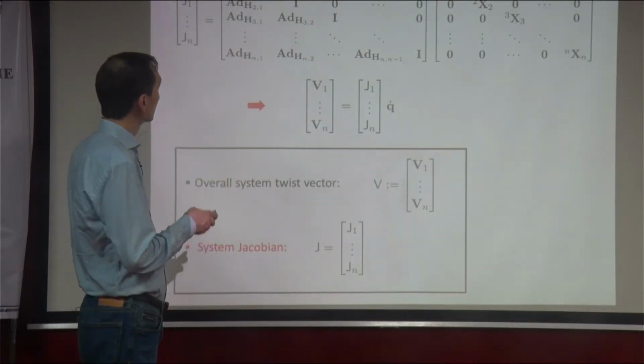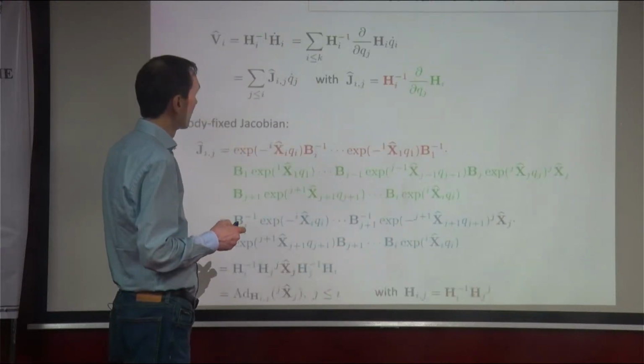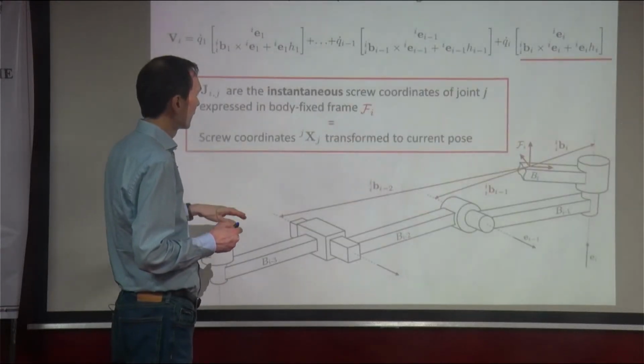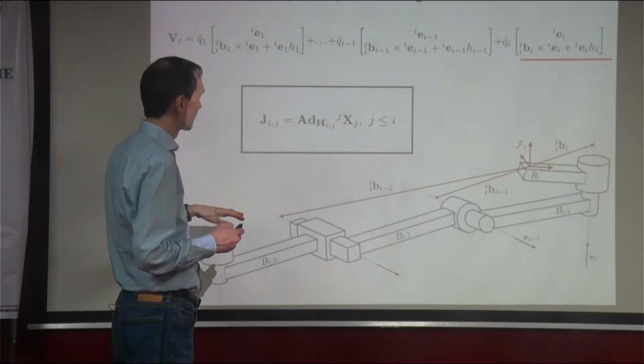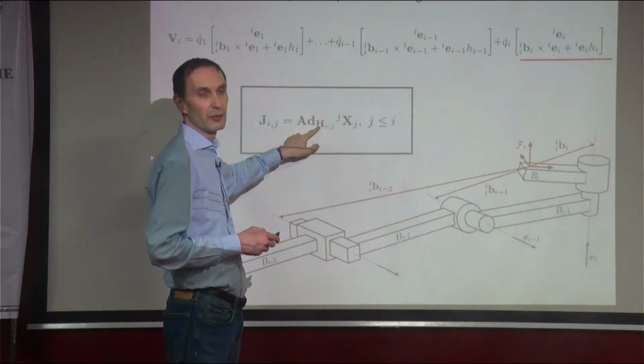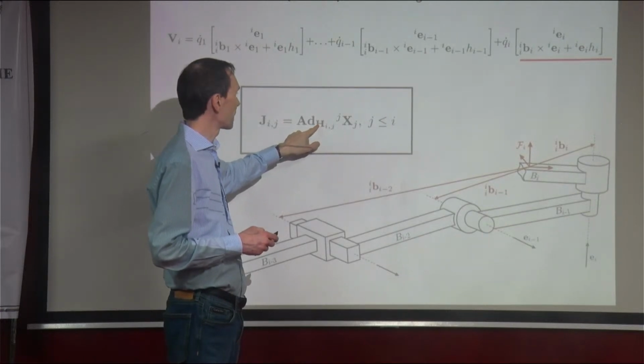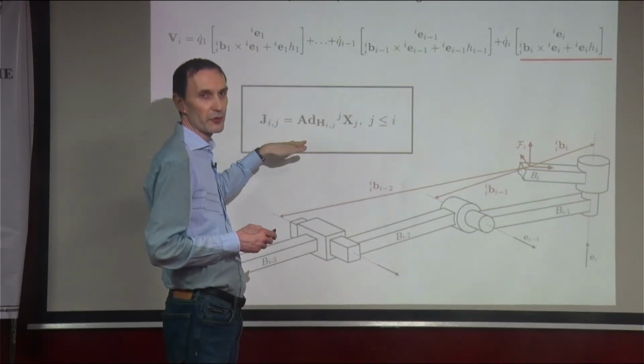So I left it in there, but it's not handy. What actually happens if you look at the first joint? That's why I'm going back. What happens if you look at the first body, first joint?